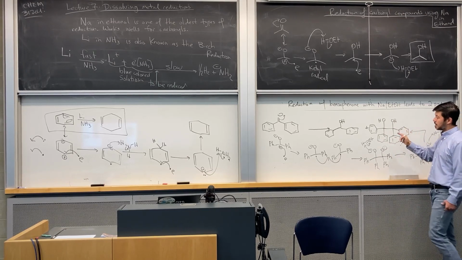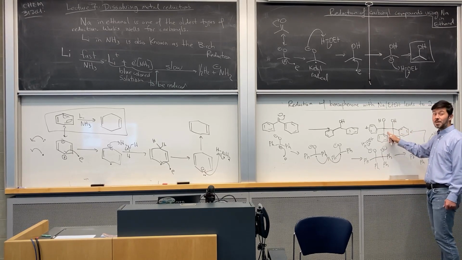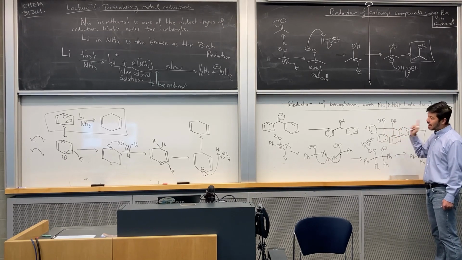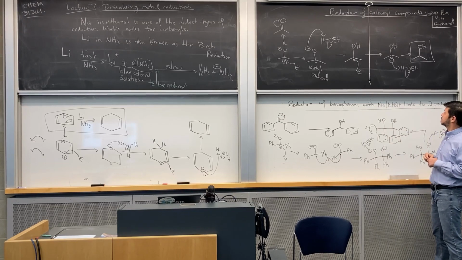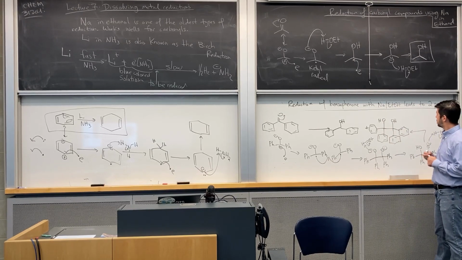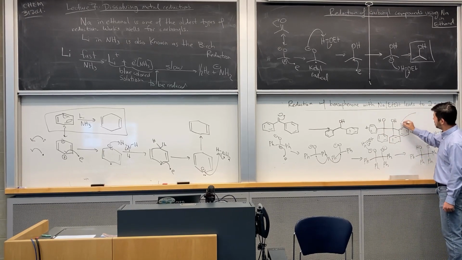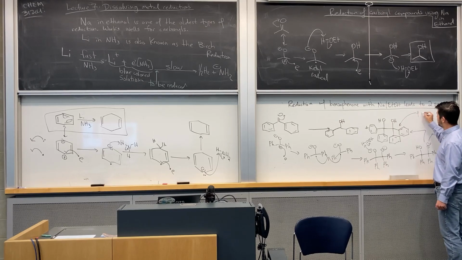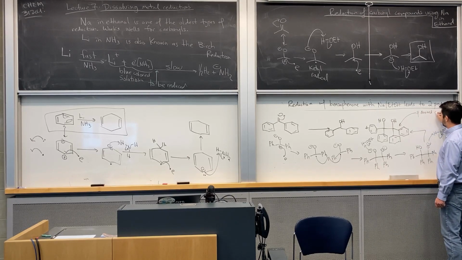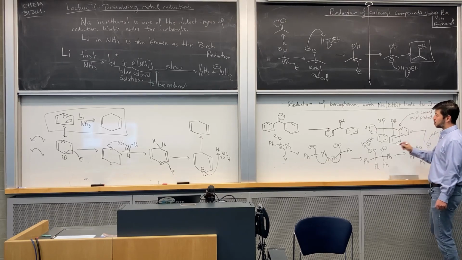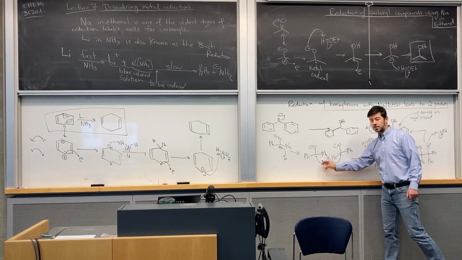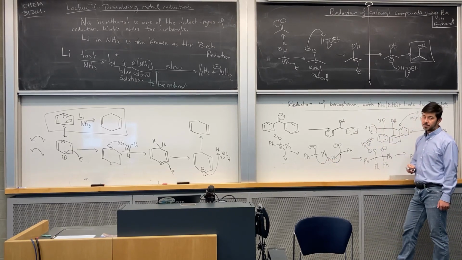If you wanted to make exclusively this, or make that as your major product, how could you control the reaction? Okay, so if desired as major product, how can we try to enable this carbon-carbon bond reaction to happen?